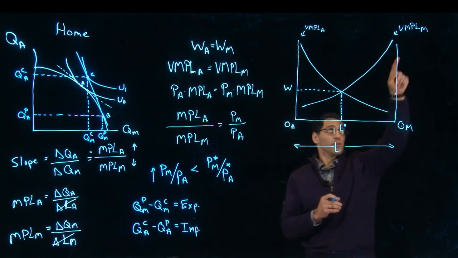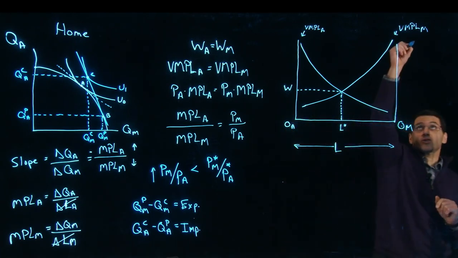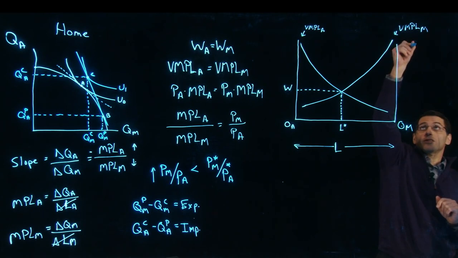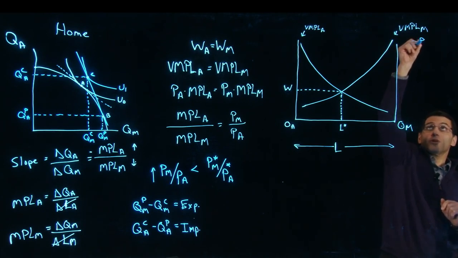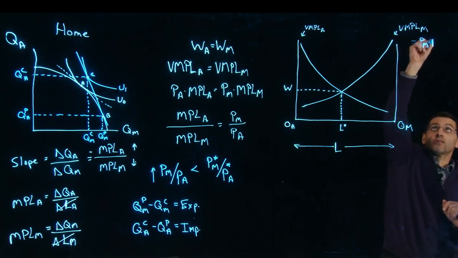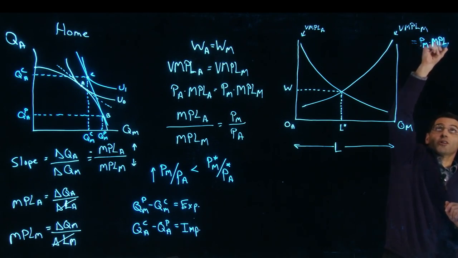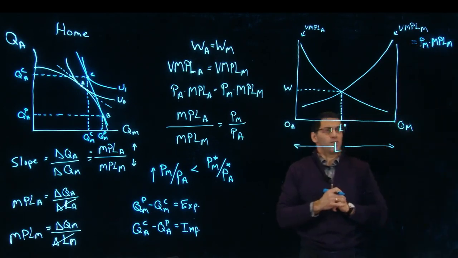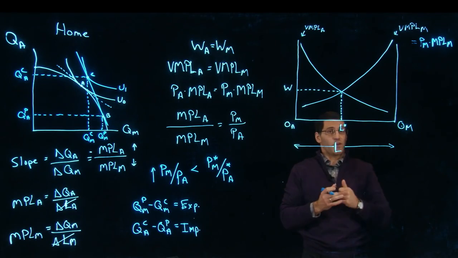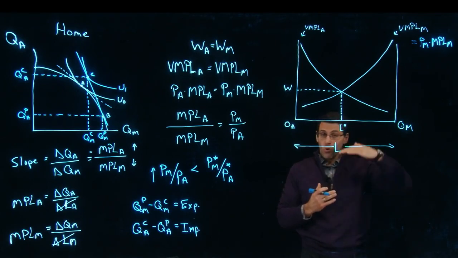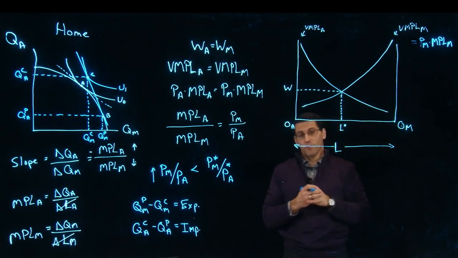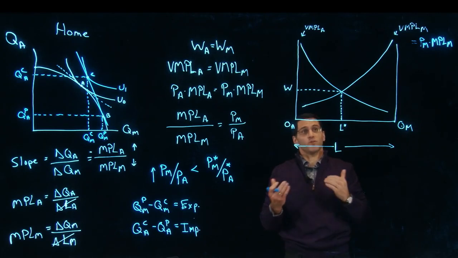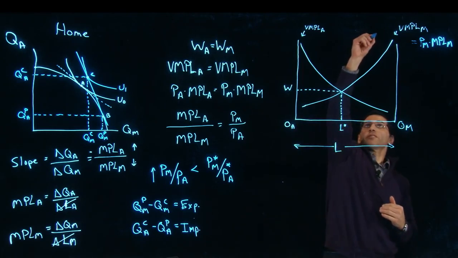Well, remember, the value of the marginal product of labor in manufacturing is equal to the price of manufactured goods times the marginal product of labor in manufacturing. So if the price of manufactured goods goes up, that means the whole value of the marginal product of labor curve in manufacturing is going to shift up. Something like this.